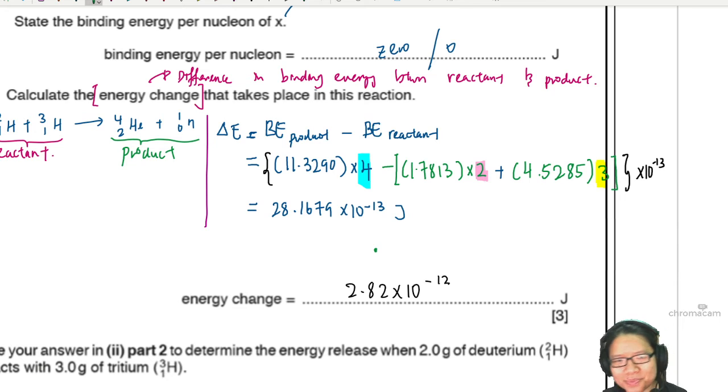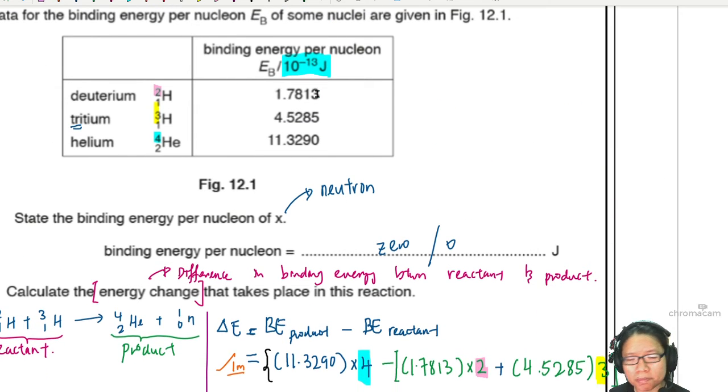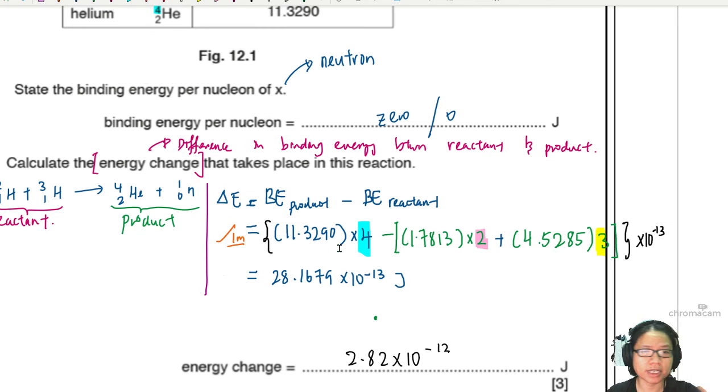Don't let it go. So to get marks, the first mark is when you know to subtract, this whole thing is 1 mark. So we will look for the students who know how to multiply by the nucleon number, because this is binding energy per nucleon, and then subtracting between the reactant and the product.